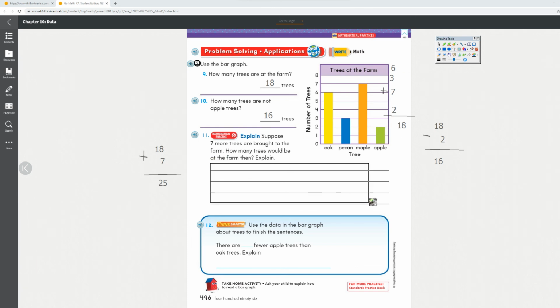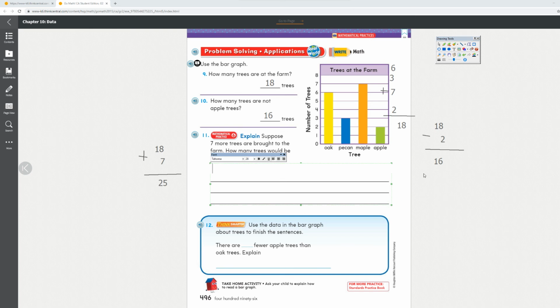So we got 25. Here's a sample explanation that you could have used. Since there are 18 trees at the farm, 18 plus 7 equals 25. So this is the equation that we used.